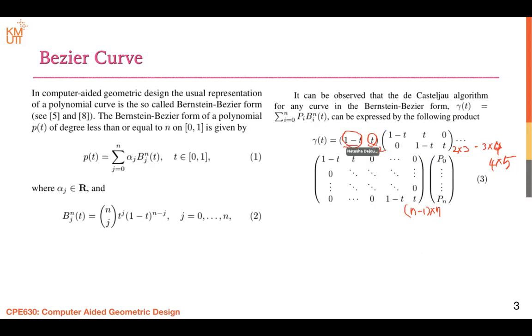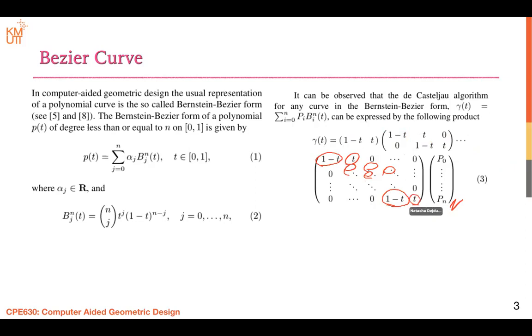We will start from 1 minus t and t, and then for the next matrix we will have 1 minus t and t, but we shift one column, and then we write down 1 minus t and t, and so on. We can do this until we get the matrix corresponding to the control points here. So the last matrix will be 1 minus t t, 1 minus t t, and so on until you get 1 minus t and t.